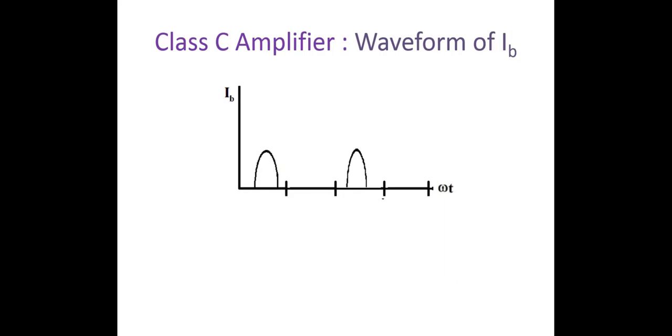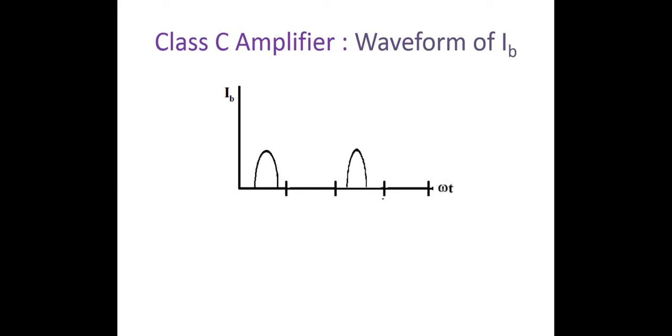Now looking at the graph of IB, we can see that the IB has a very small duty cycle. As a consequence of the small duty cycle, that is less than 50% duty cycle for the transistor, due to the reason that we just discussed.